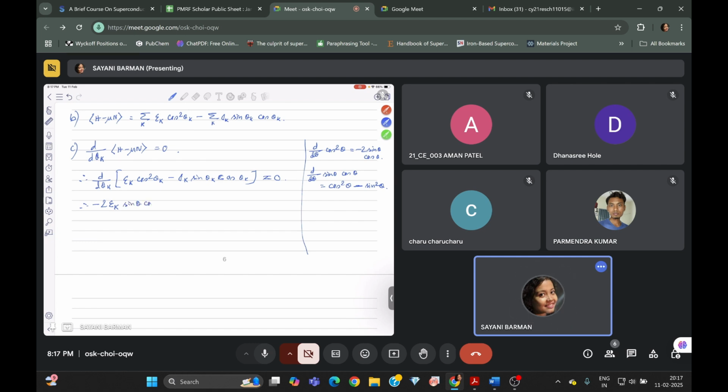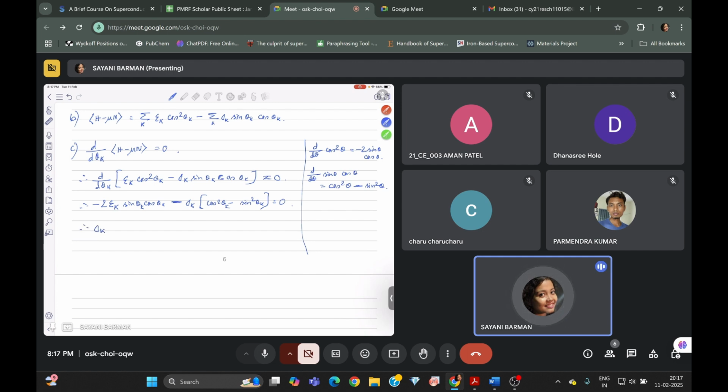Sine theta cos theta minus of del, this is cos square theta minus sine square theta. This is equals to 0. Right.